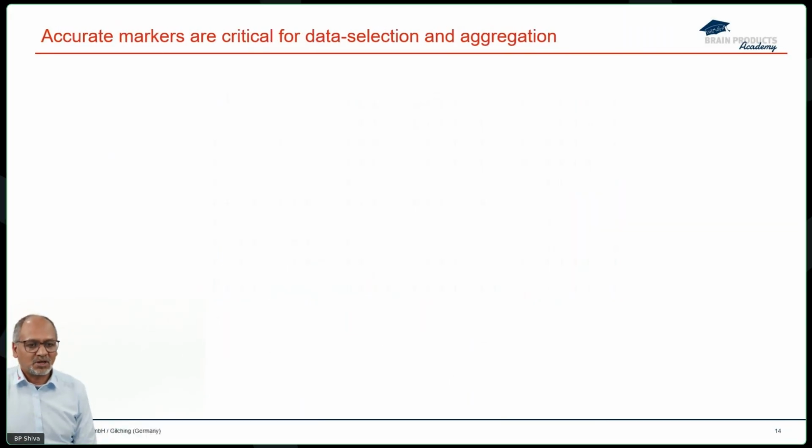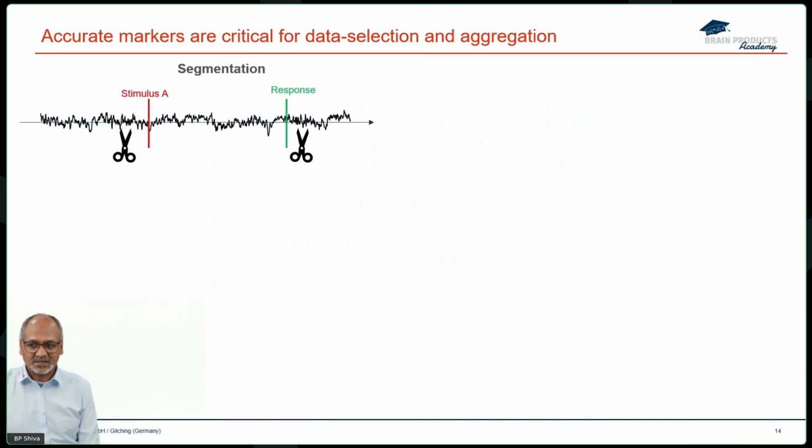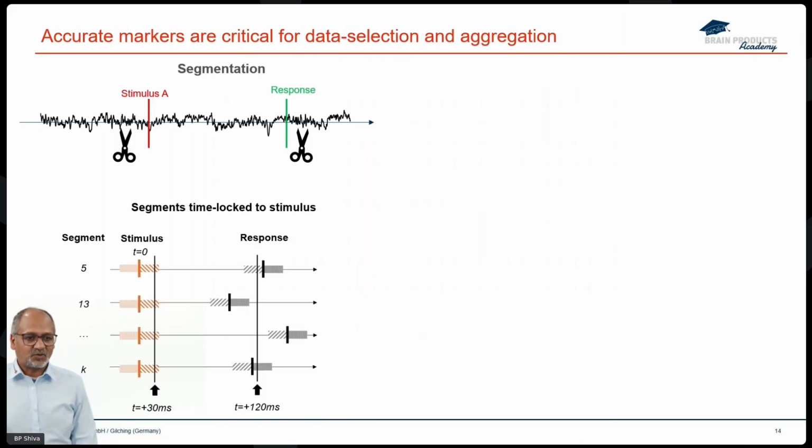So accurate markers are crucial for data selection and aggregation. They form the basis for segmenting the data, that is, for selecting which segments of the EEG data should be used, and for aggregation, that is, to collect together segments related to a particular event.